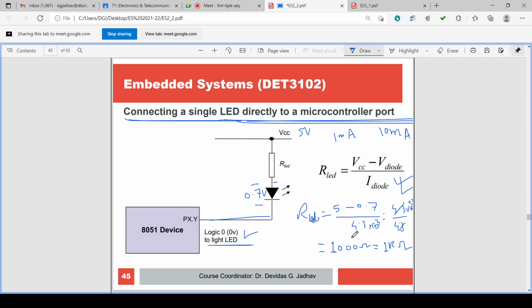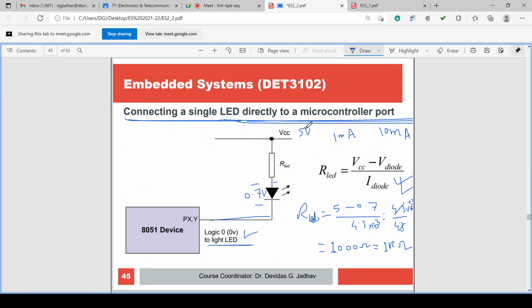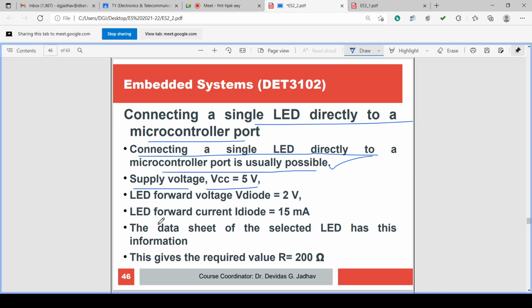Okay, simple. Then connecting a single LED directly to a microcontroller port is usually possible. Supply voltage VCC is 5 volt; we have seen this. LED forward voltage, or V diode, is 2 volt.